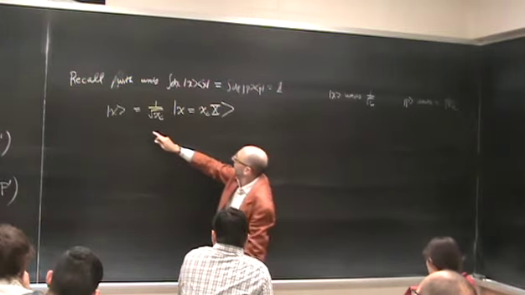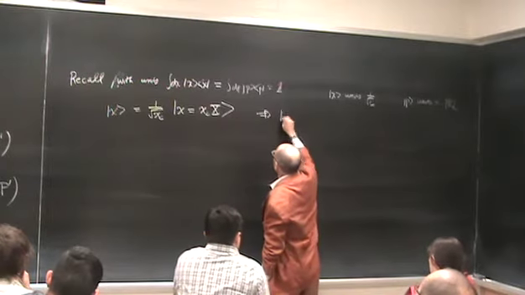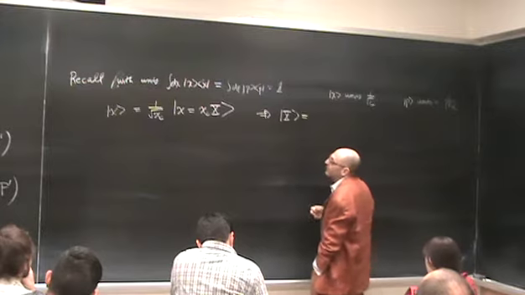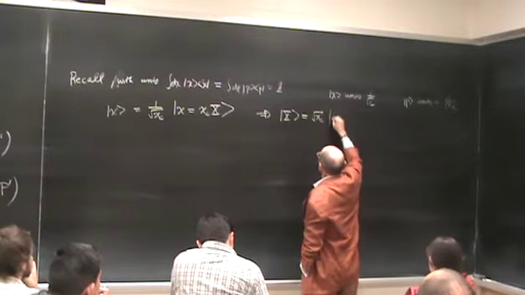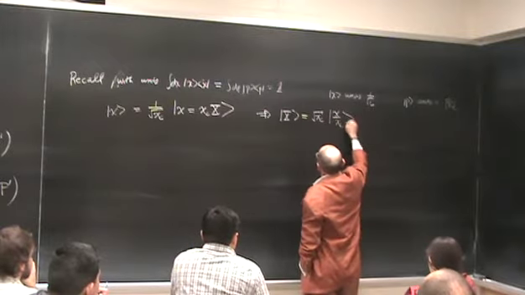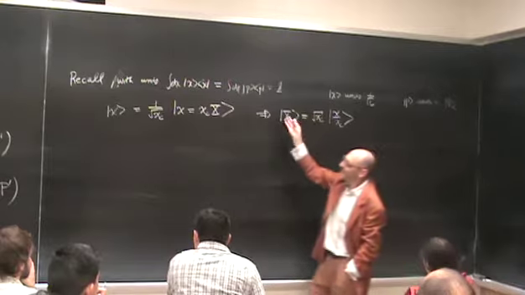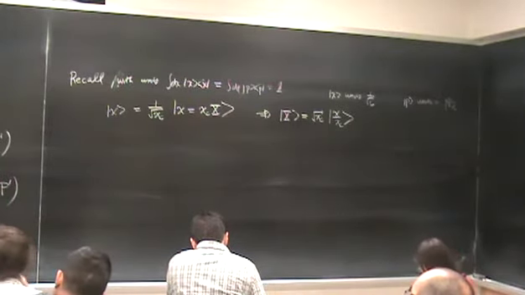Now this thing has units. Or said another way, the dimensionless ket is related to the dimensionful ket by getting rid of the units. Then, when you do the change of variables, this will get you back that.